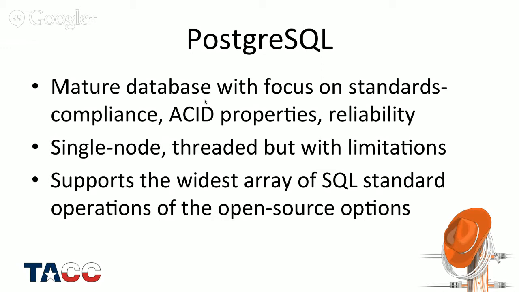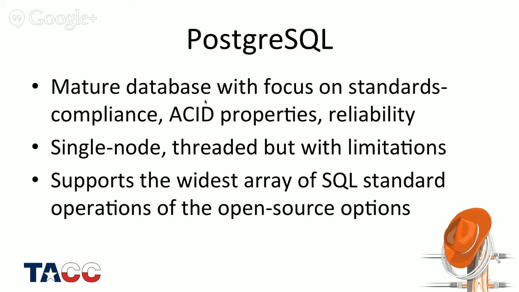So I'll talk a little bit more about a couple of examples of SQL RDBMS engines here. Postgres and MySQL are the ones that I'm going to focus on right now, the ones that we support on Wrangler out of the box. Postgres has been around for almost a couple of decades now. It's very mature.